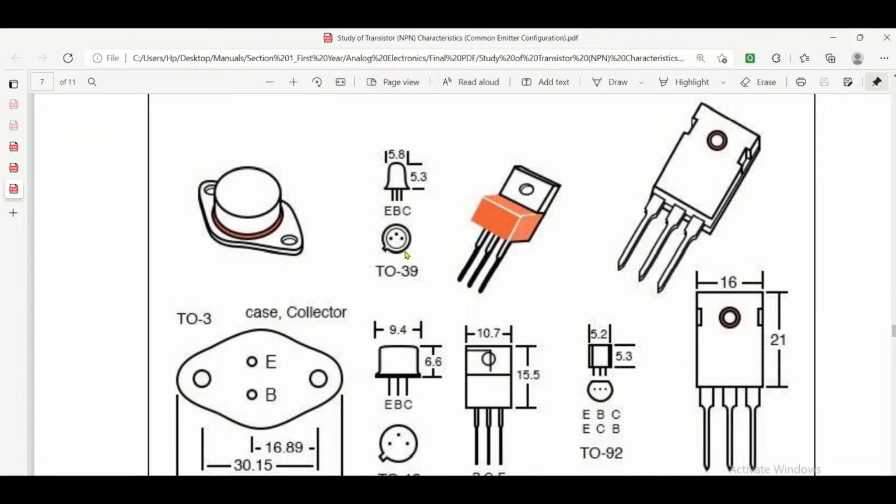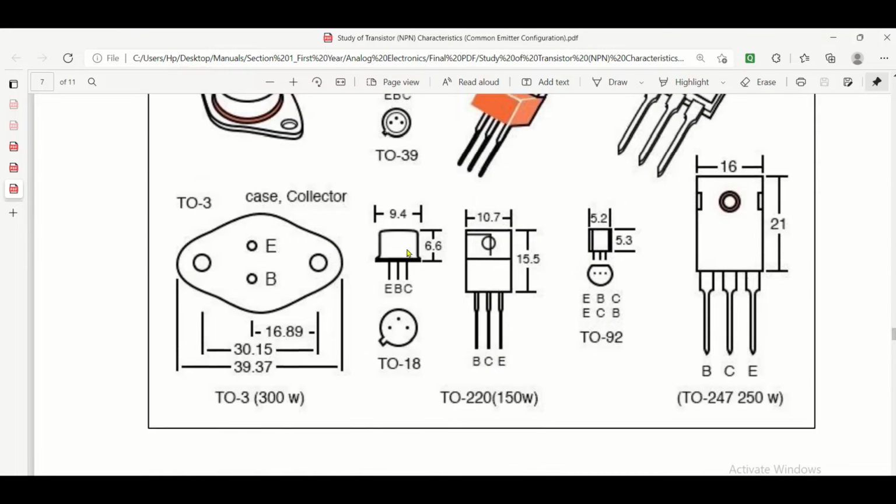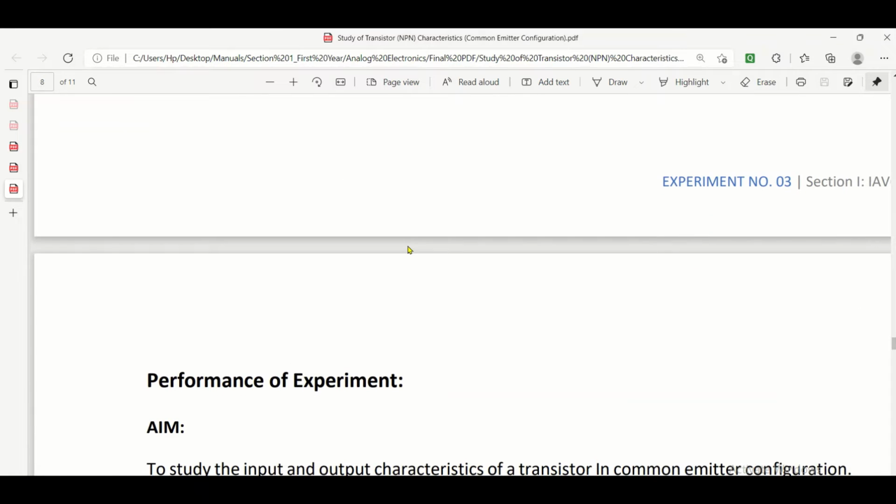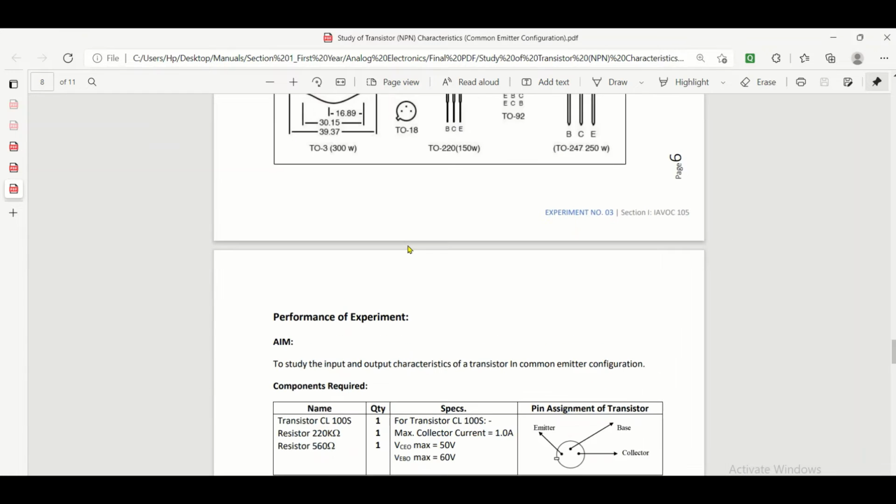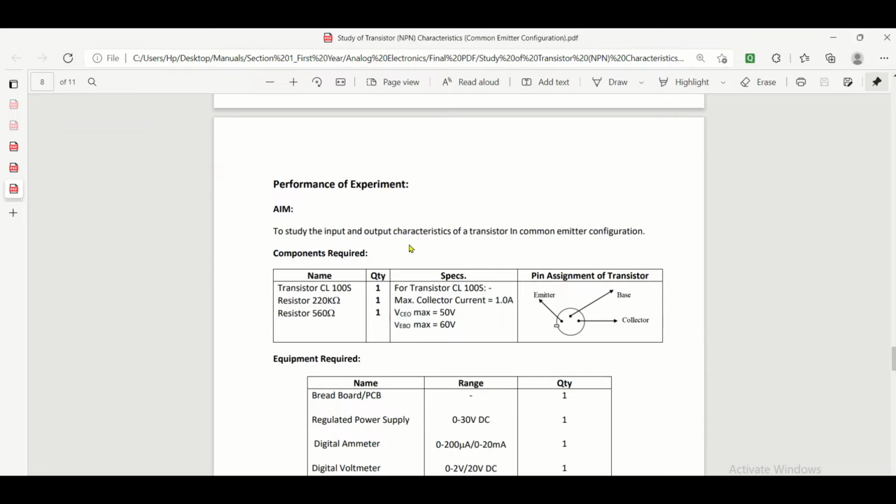Likewise, there are different means by which you can identify terminals for different packages. While connecting them to the circuit, be very careful about proper identification and connection of the terminals. Otherwise, your circuit will not work, and moreover your transistor will get damaged.